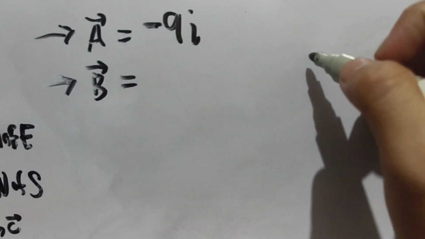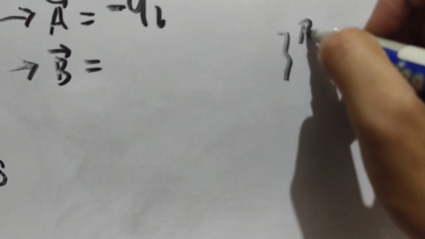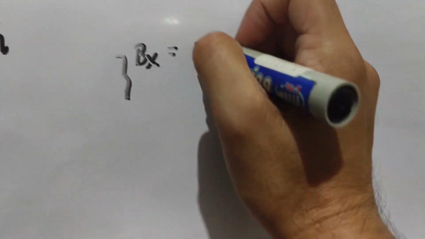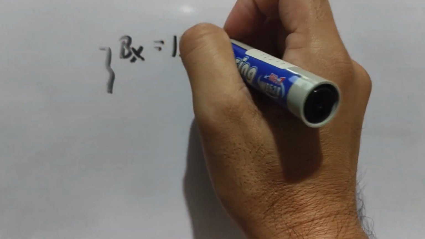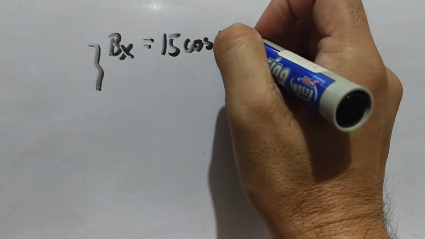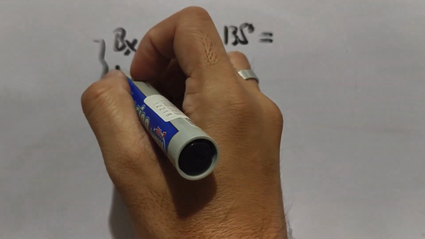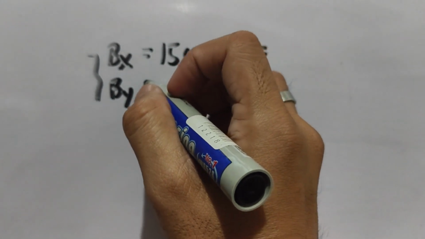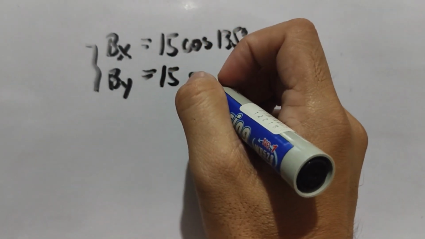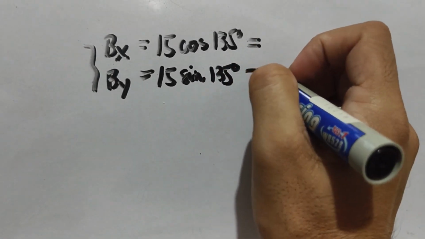So therefore, we need to know the components first of vector B. So Bx is equal to 15 cosine of 90 plus 45, that's 135. So kung ano maging sagot doon. And By is equal to 15 sine of 135 degrees.